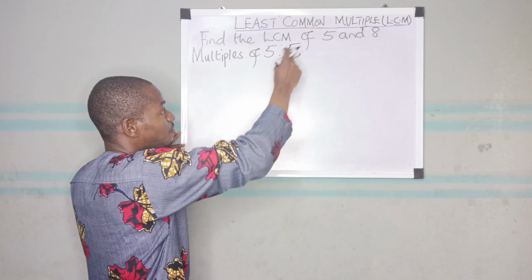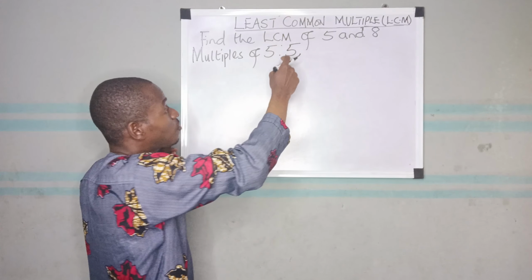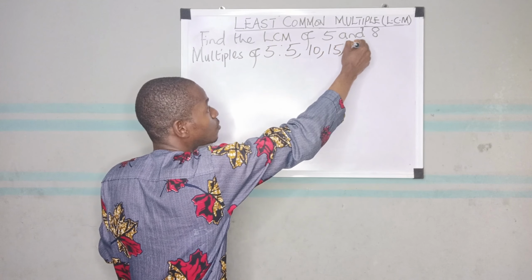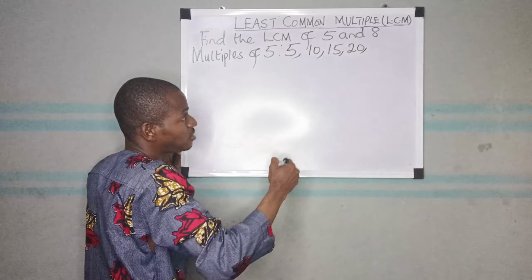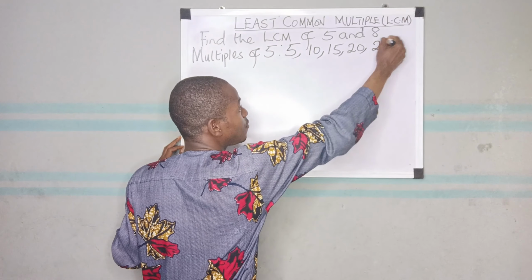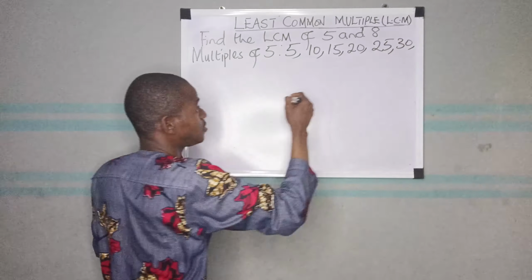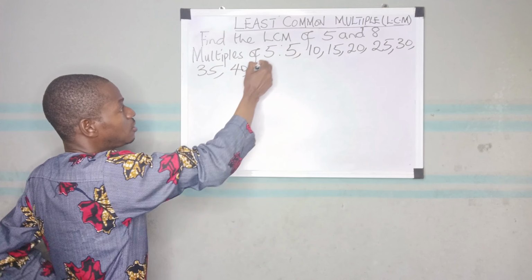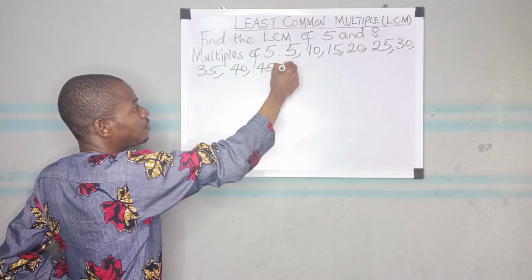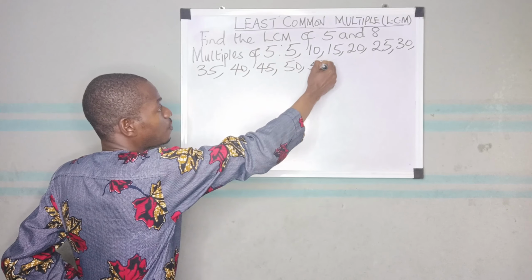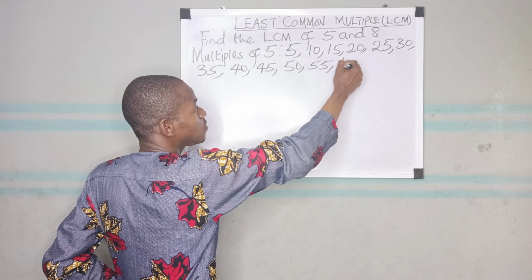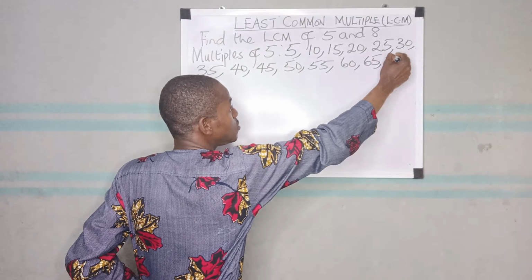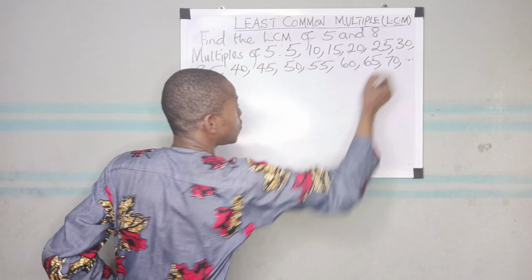Add 5 to the subsequent ones. 5 plus 5, that's 10, plus 5, 15, 20, 25, 30, 35, 40, 45, 50, 55, 60, 65, 70, and so on and so forth.